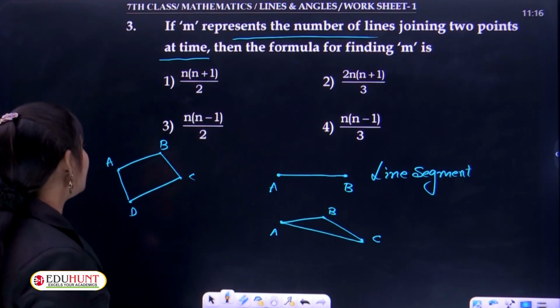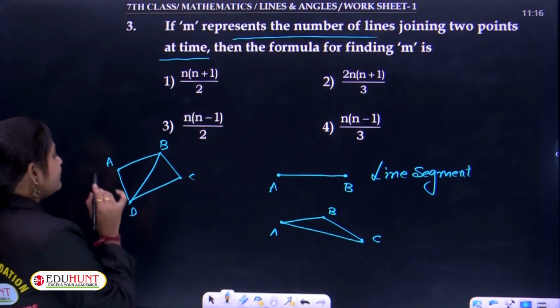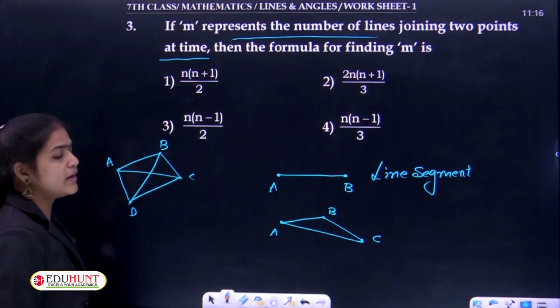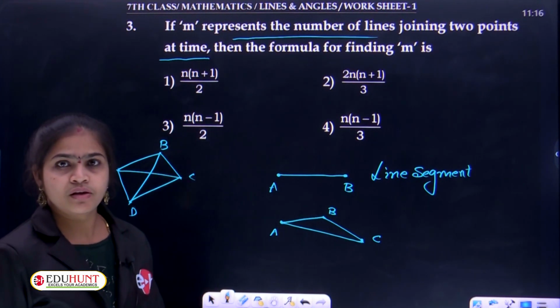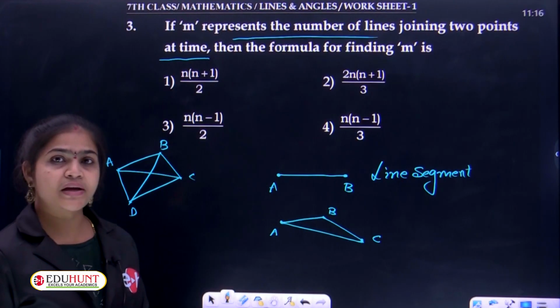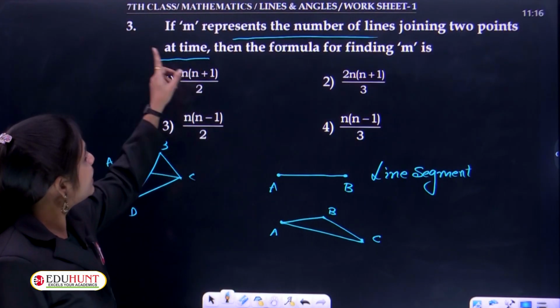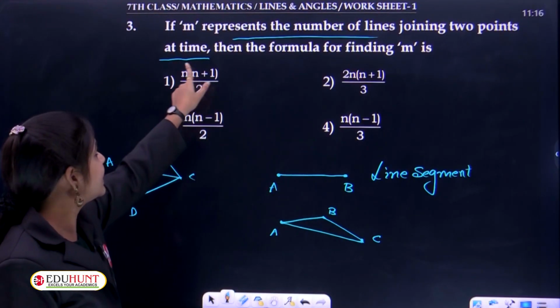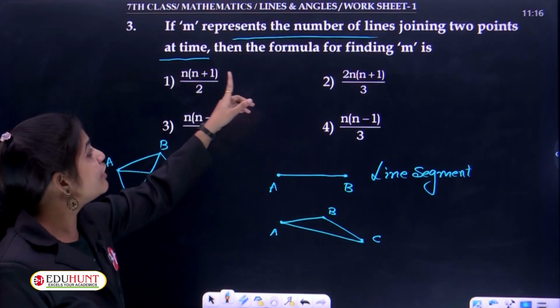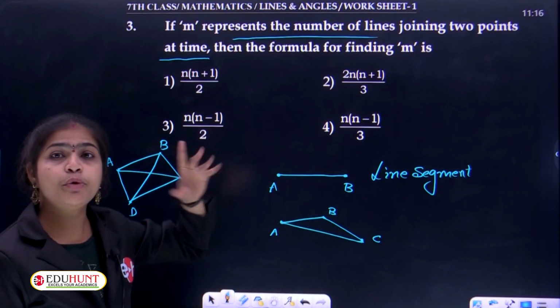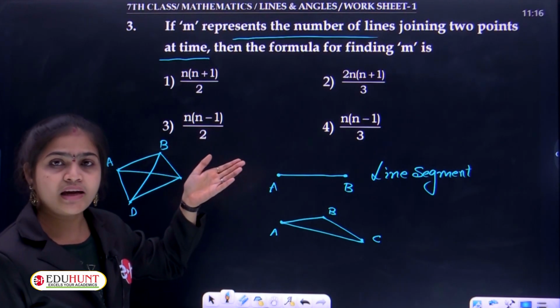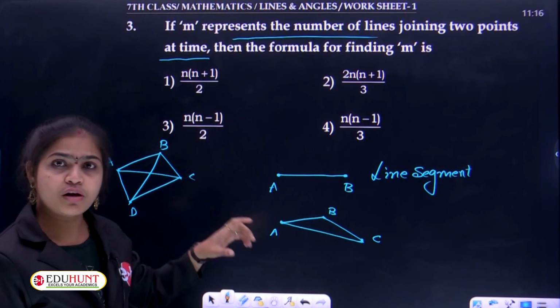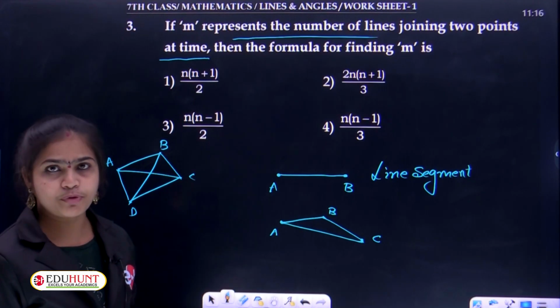And in the same way we can join BD, and similarly we can join AC also. Now as per this, what they are asking? M represents the number of line segments joining 2 points at a time. Then the formula for finding M.